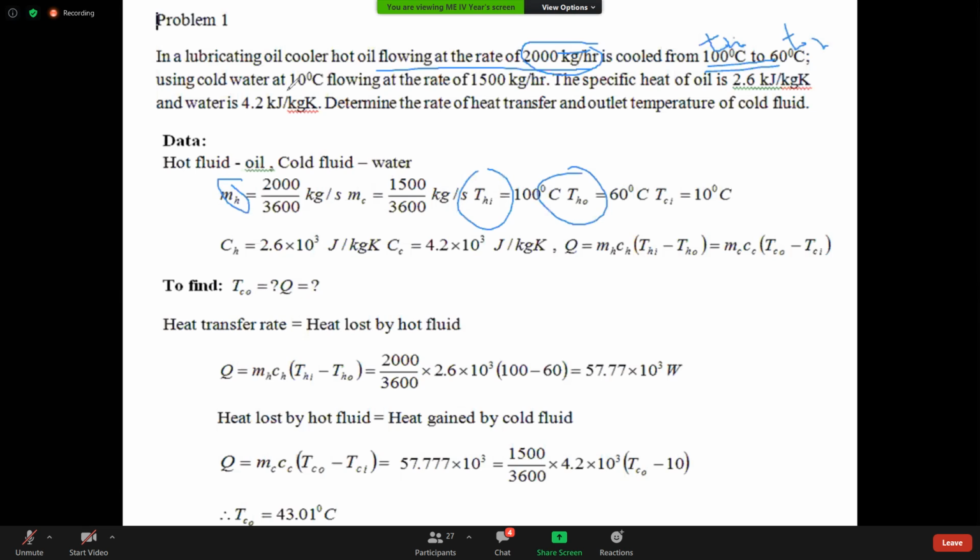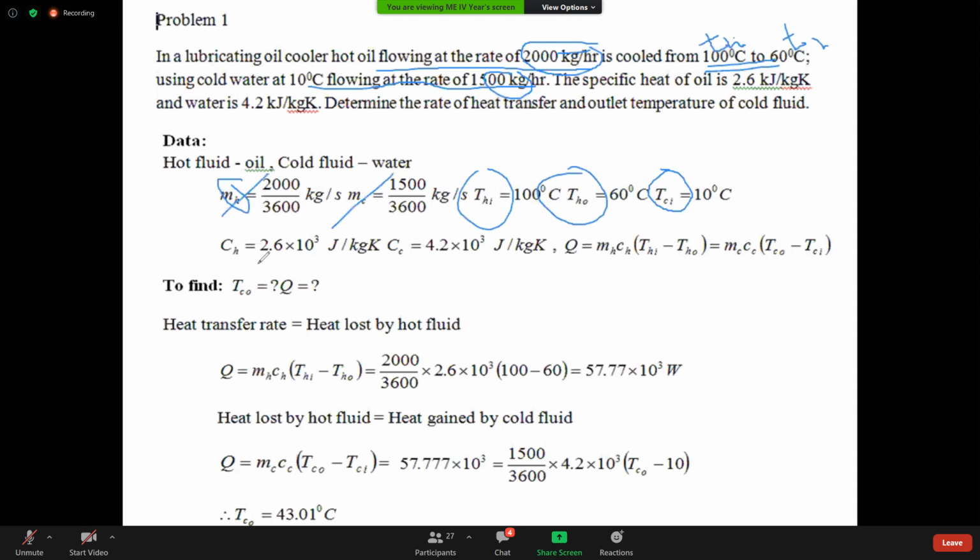Using cold water at 10 degrees centigrade, the cold water temperature and mass flow rate are given. Make sure that the units must be kg per second. If it is given in kg per minute or kg per hour, you have to convert it. See, mH and mc both are converted into kg per second.